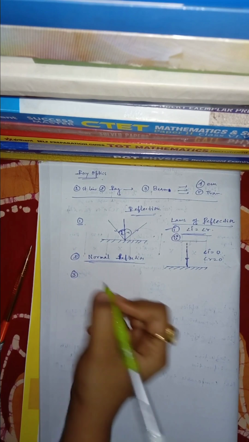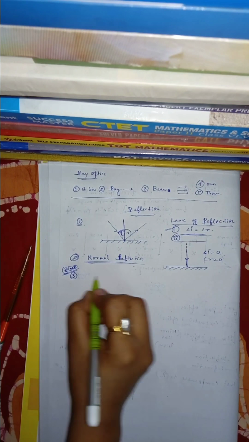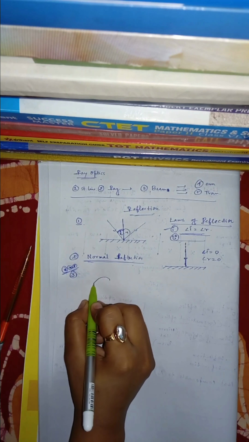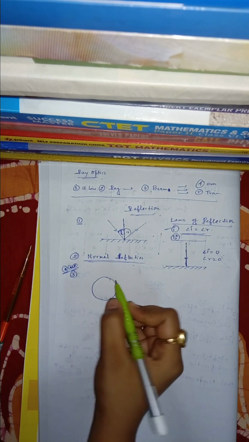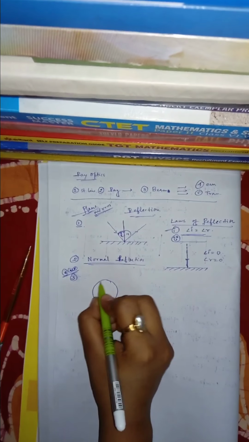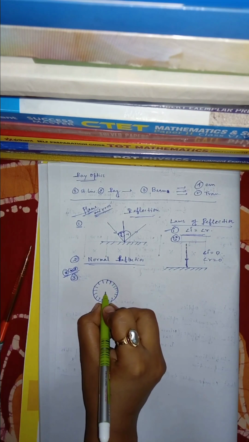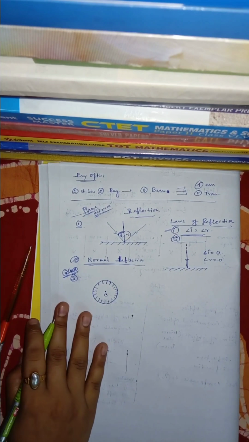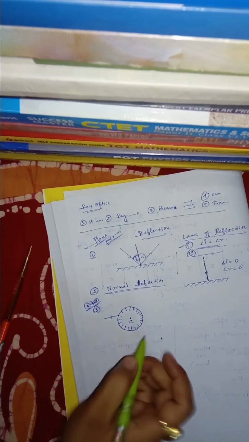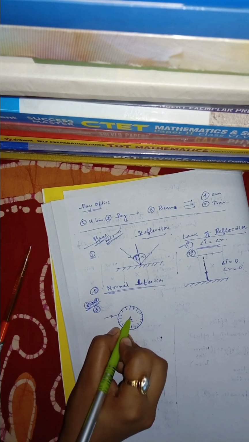Last, which is more vital to say, and this is from your class 11 topic: how we will find the normal in case of a polished spherical surface. So this was for a plane mirror. If I am taking this type of mirror, then what will happen? Suppose this is a circle and this is the center of the circle. If this is your incident ray, always remember, from the center you have to take the normal.